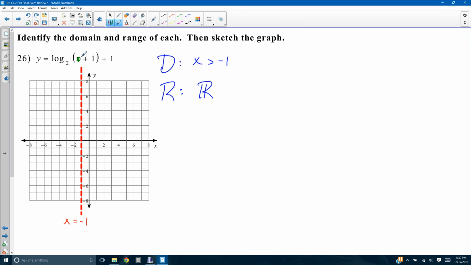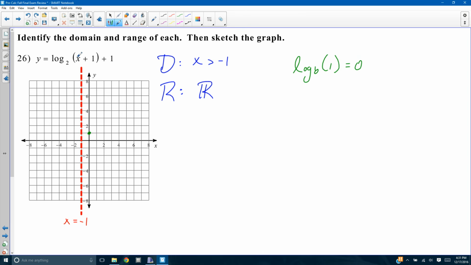Log base 2 of 0 plus 1, right? Well, log of 1 is 0, no matter your base. So the good news is if I take the log of 1, this goes away, and then all that's left for y is just this constant value, 1. When x is 1 away from your vertical asymptote, your y value will be this k value right here. So there's a point on my graph.